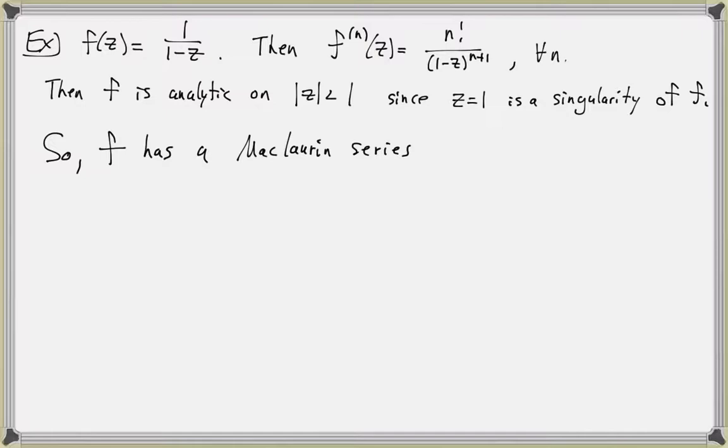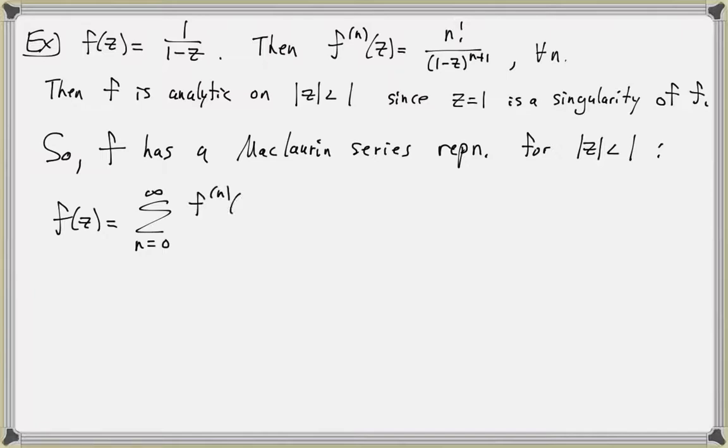f has a Maclaurin series representation for z in absolute value less than 1. And by definition, the Maclaurin series will be the sum n equals 0 to infinity of the nth derivative of f evaluated at 0 over n factorial times z to the n.